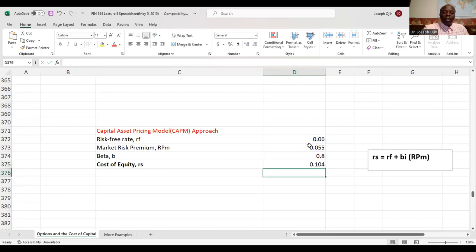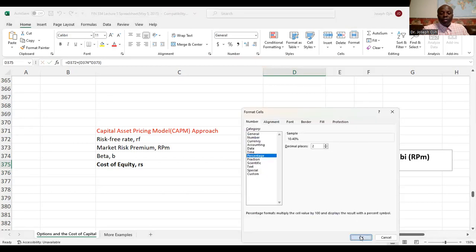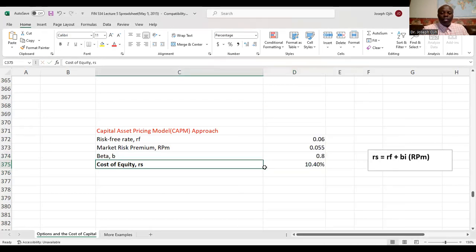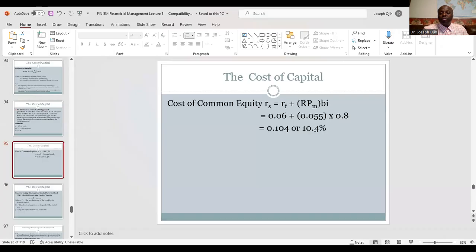Press the enter key to get the answer, and then right click, format cells, and choose percentage. It gives 10.4%. So 10.4% is the cost of the equity. And again, I have it done in my presentation, so if you want to use a calculator, you can also do it there.